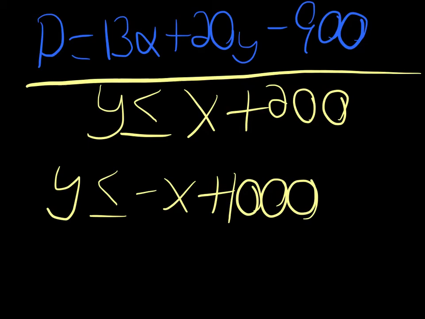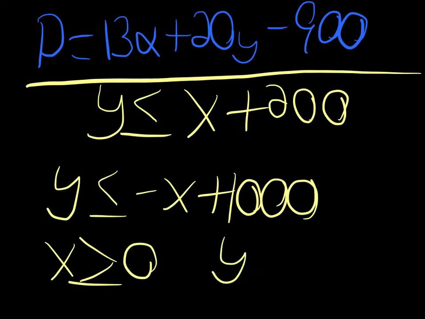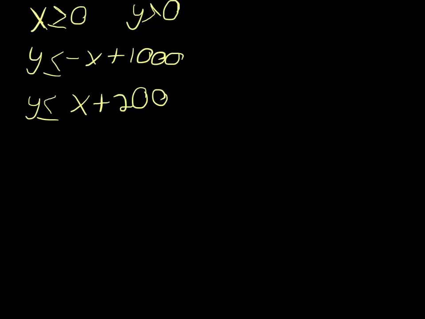The other two constraints are X is greater than or equal to 0 and Y is greater than or equal to 0. And these are in place because production levels cannot be negative. Now we need to graph those functions.